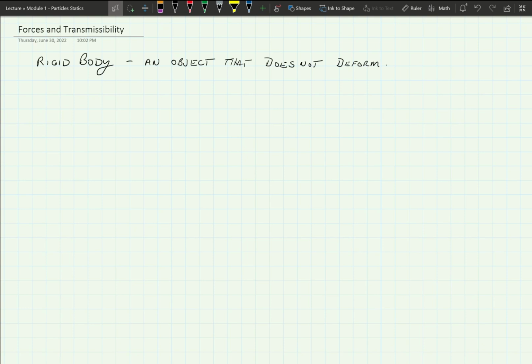Now, that's a theoretical definition. I want to just tell you ahead of time here that almost every block or every material known to mankind has some sort of movement to it, and it will change shapes and do all kinds of things down the road. So we want to be careful with how we use that phrase.